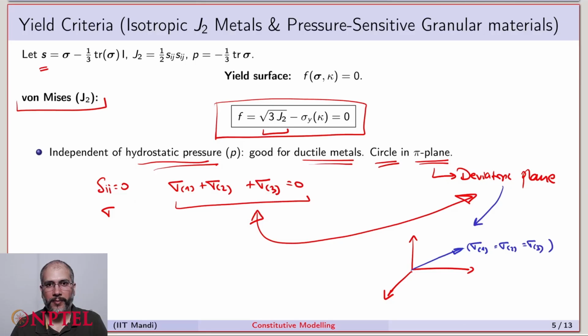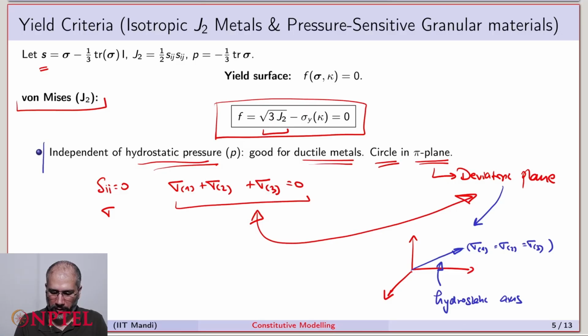perpendicular to this line. And this line actually is called the hydrostatic axis, because any point on this line is basically a spherical state of stress, because all three principal values are the same. So the deviatoric plane has to be perpendicular to this line.